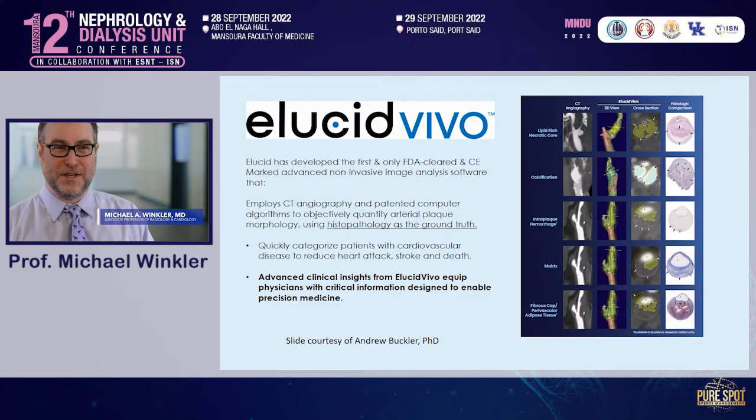Elucid Vivo is a company that I have been watching for nearly a decade. 5 years ago, Dr. Amr El-Husseini considered using their algorithm for one of his projects, but ultimately decided against it. At the time, like Clearly now, their algorithm only reported calcified plaque volume.